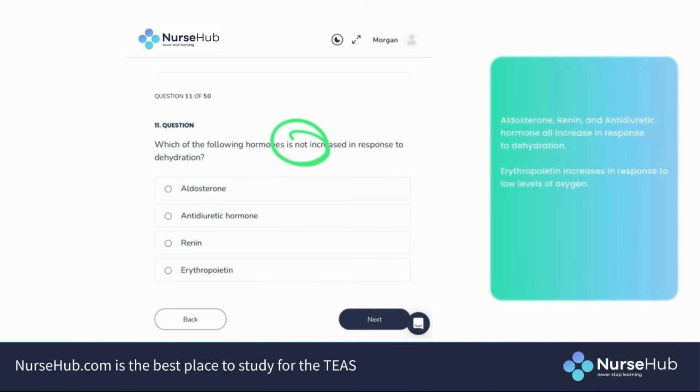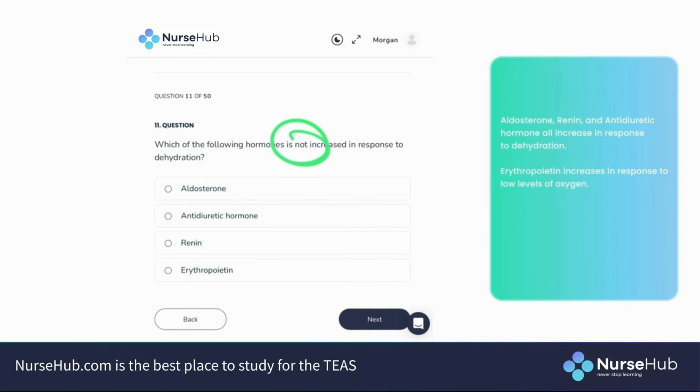During dehydration, the amount of antidiuretic hormone, renin, and aldosterone are increased in order to prevent further water loss in the urine. So all of these are not correct because they're true, right? That's aldosterone and renin and antidiuretic hormone.